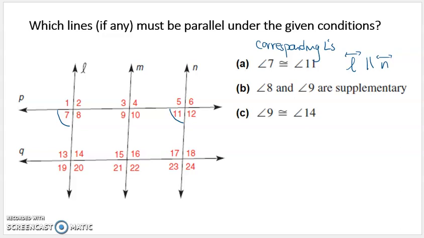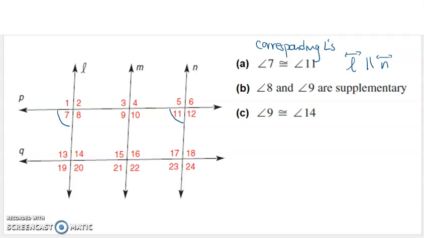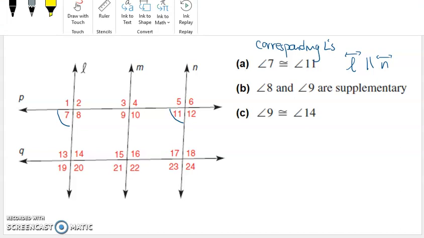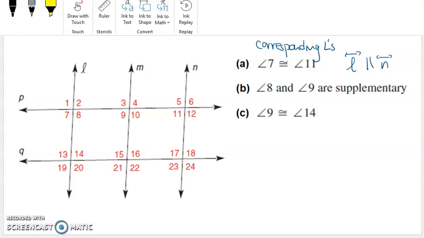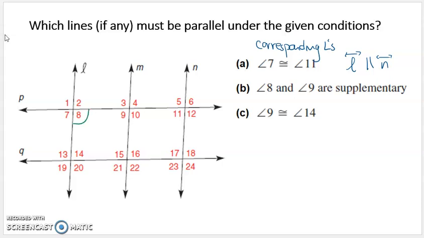Now each of these problems is independent. If we knew 7 and 11 were congruent, then we can say that L and N are parallel. Now we have to forget that. What if I only knew that angles 8 and 9 are supplementary? Here's angle 8. Excuse me, let me get my pen going. Angle 8 and angle 9 are supplementary.